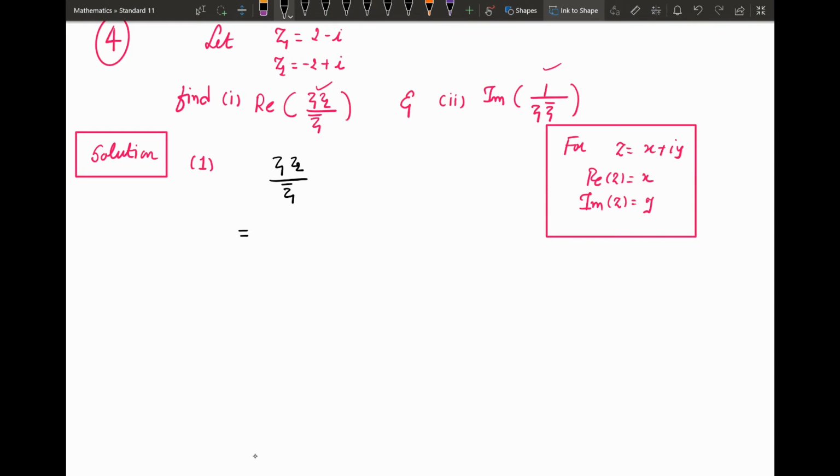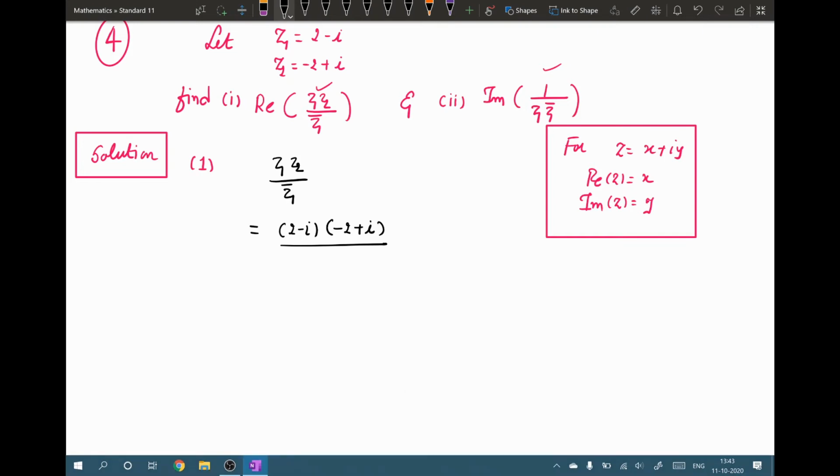A plus ib, it is standard form in which a is real part, b is imaginary part. So z1 equal to 2 minus i, z2 minus 2 plus i upon z1 bar.